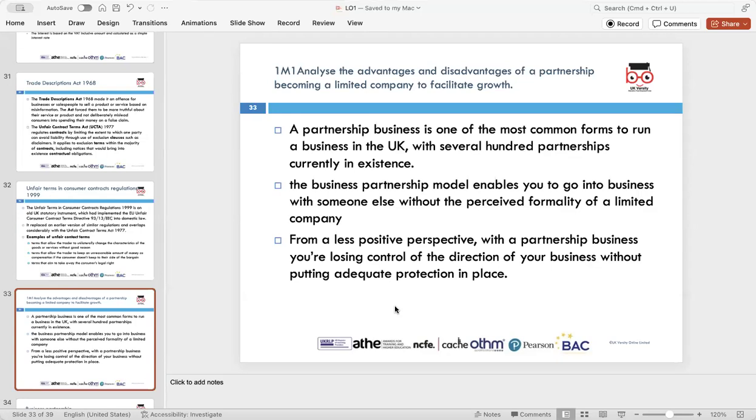According to a less optimistic perspective, when you have a partnership business, you are losing control of the path your organization is going in without putting a proper protection structure in place.